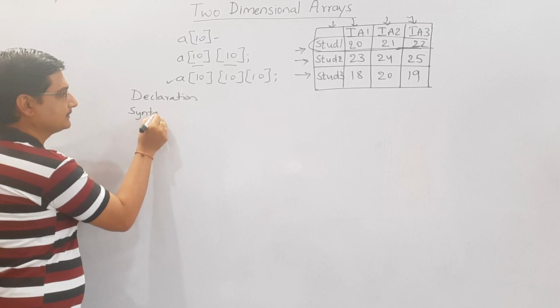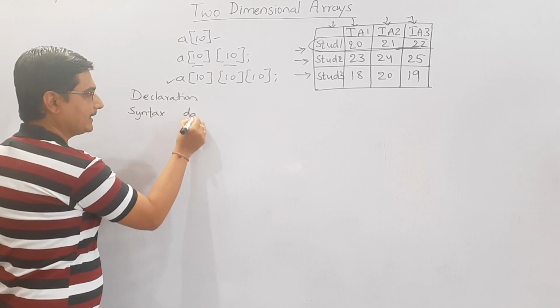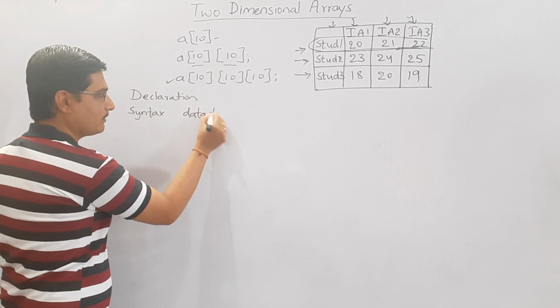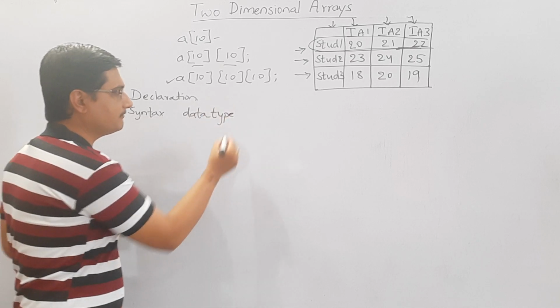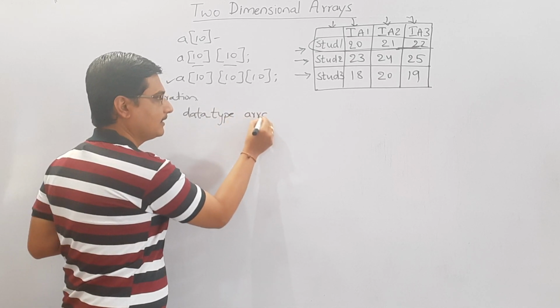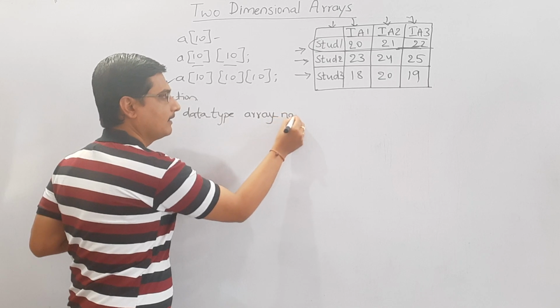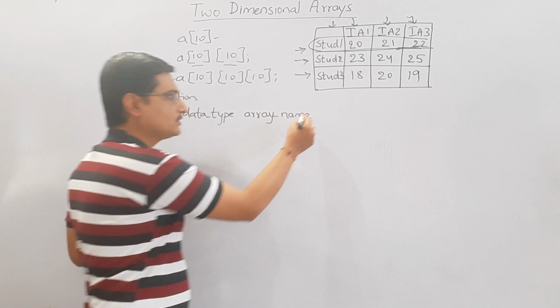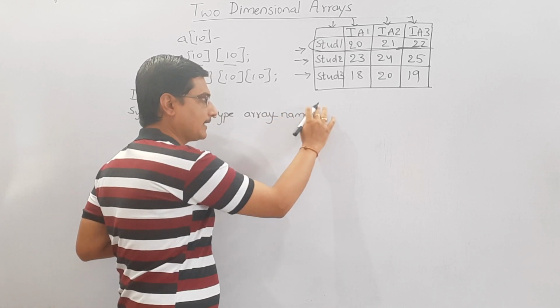The declaration syntax is: we use the data type, which type of data we want to store in the array, followed by the array name, and followed by 2 subscripts if it is a two-dimensional array.